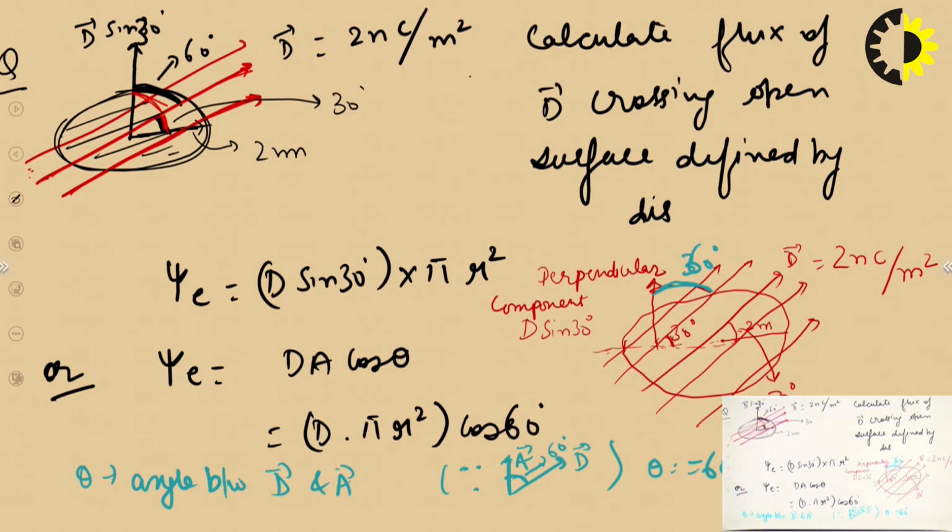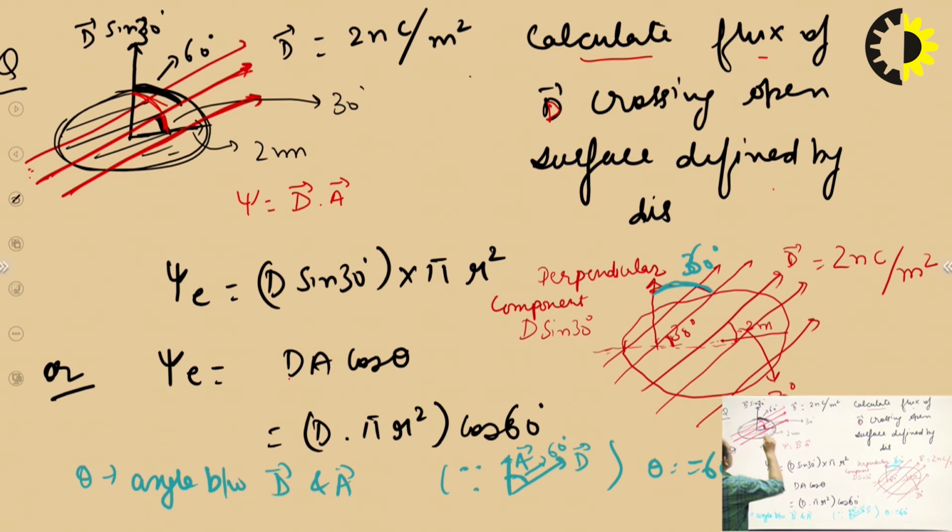Then we have to calculate the flux of D vector, means electric flux density, crossing through an open surface. As we know, the total flux passing through this surface will be equal to D dot A vector. Clear? This D dot A comes out to be D A cos theta.